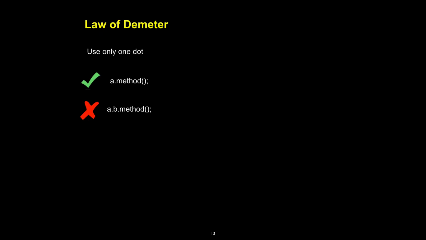It has a property array, and if you want to access count on that array through an object, a.array.count. So instead of doing that, put all the array properties in class A.